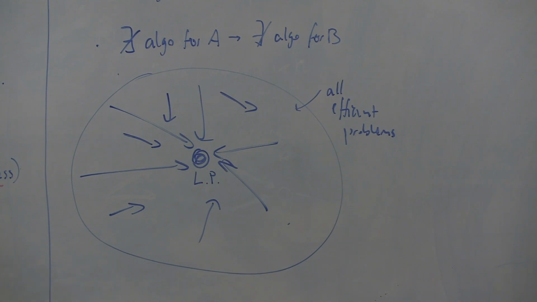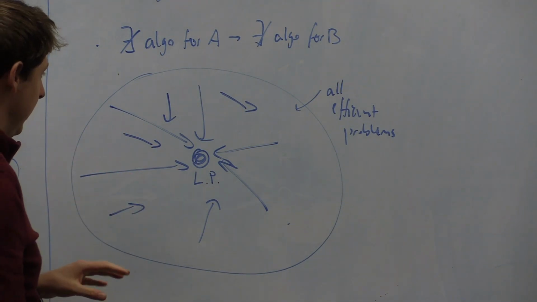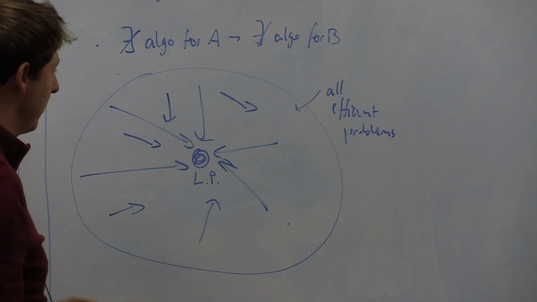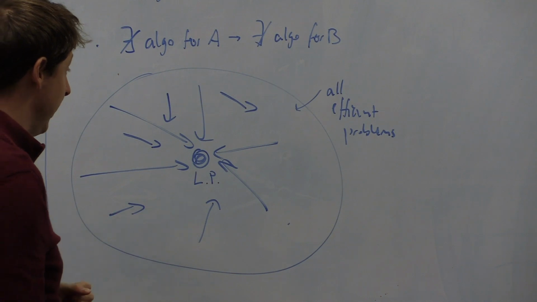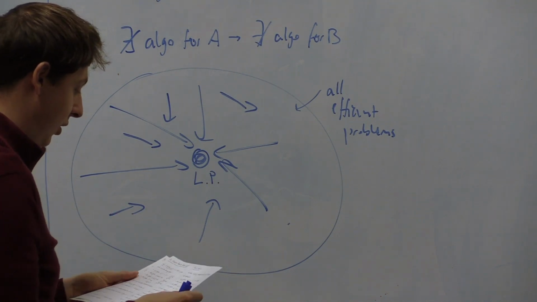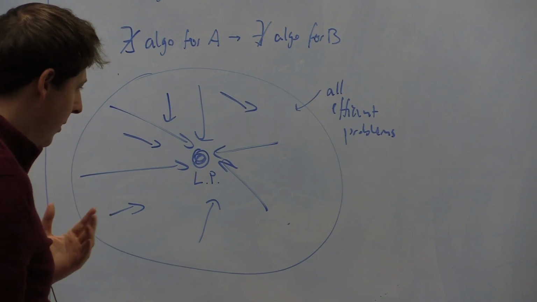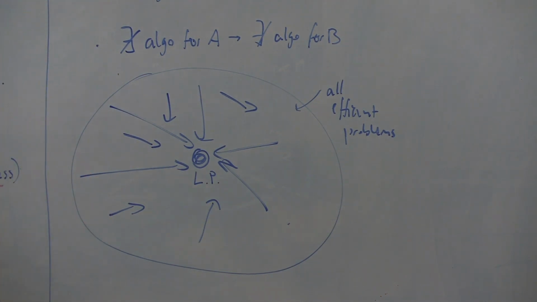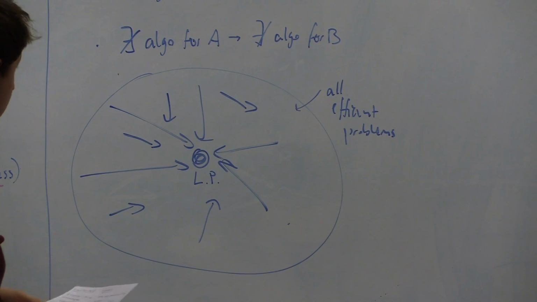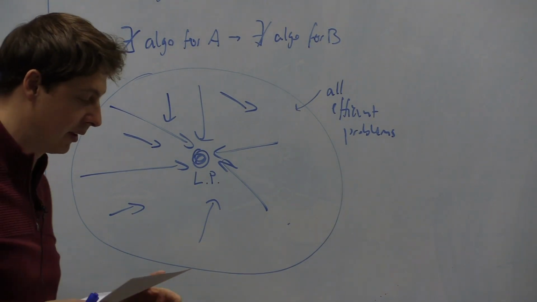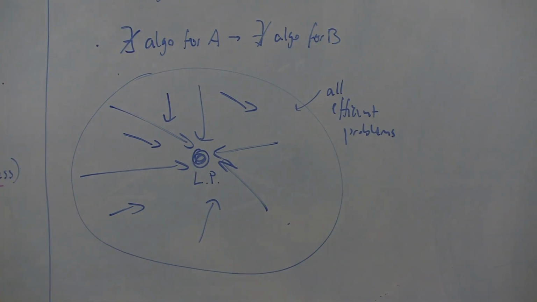But it turns out that it has a very central location in the map of problems, thanks to the language of reductions, because it can be used to solve any other problem as long as it is efficiently solvable to begin with. And this will be a warm-up to the type of discussions we'll have as we work our way up to intractability and the theory of NP completeness that will start next time. So my goal for the rest of the lecture is to just prove that all efficient problems reduce to linear programming.